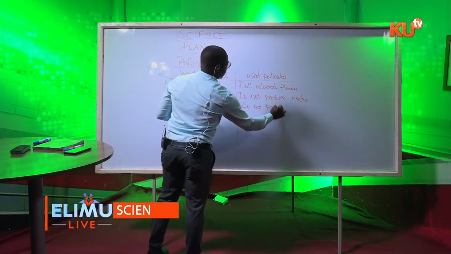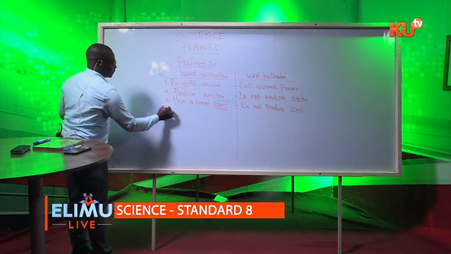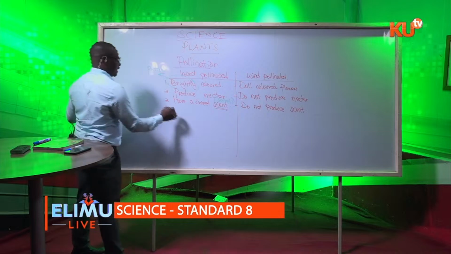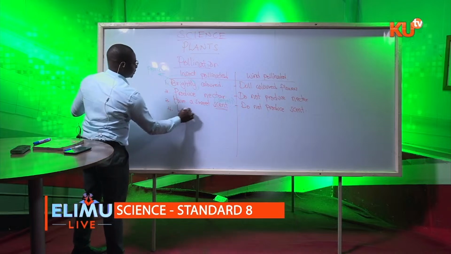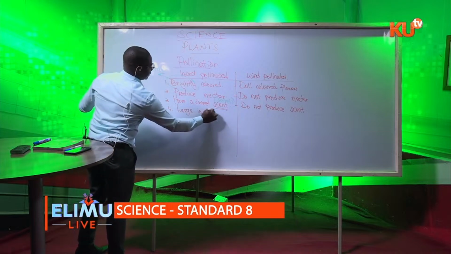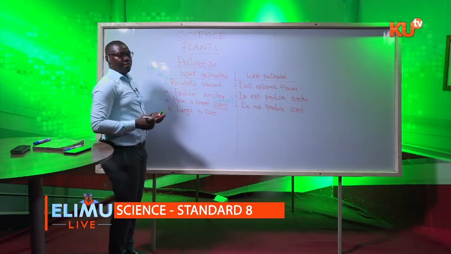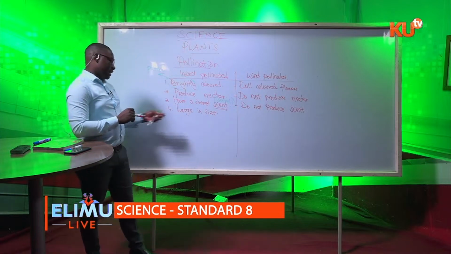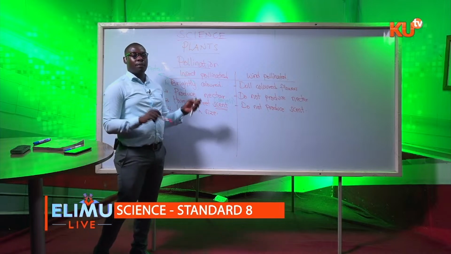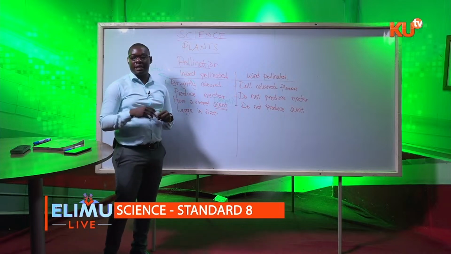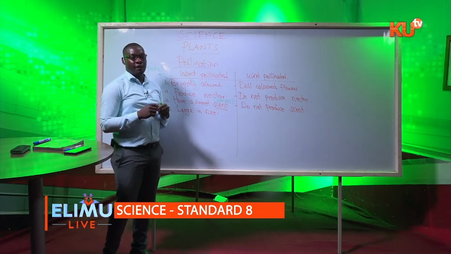Number 4, characteristic of insect pollinated flowers, they are large in size. Why will they be large in size? They are large in size in order to allow the insect to fit inside the flower.